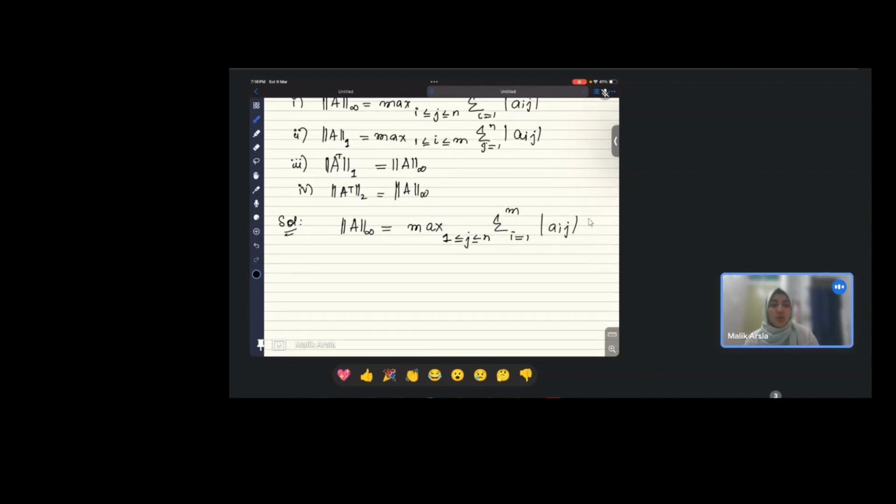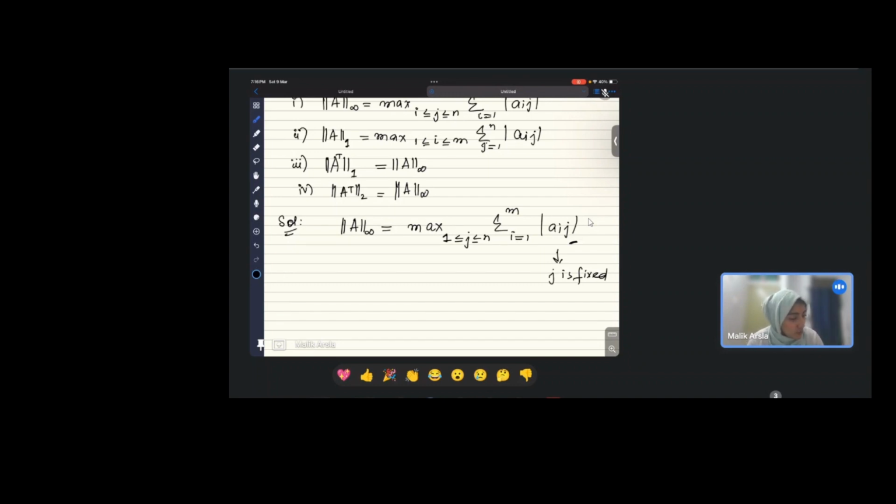Now aij is the element of the matrix, and here we are taking i from 1 to m. That means j is getting fixed. Fixing j means that we are taking a column-wise sum.